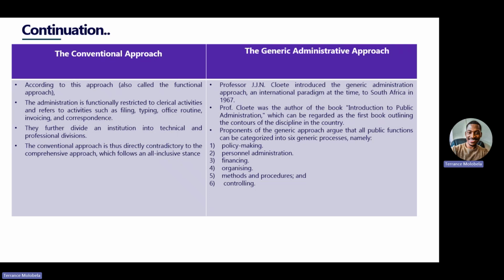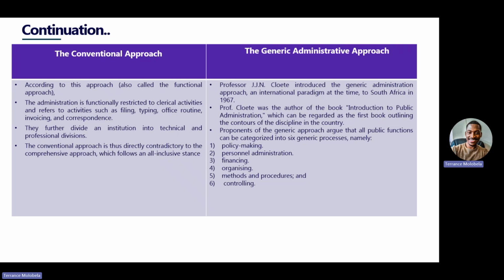It is more like those of POSDCORB, but these ones are within the South African sphere or South African settings. Very, very important. So all these approaches are for students to understand how they ought to be understood. Very, very important. But I don't think there's much more from this. More information, you can just research.